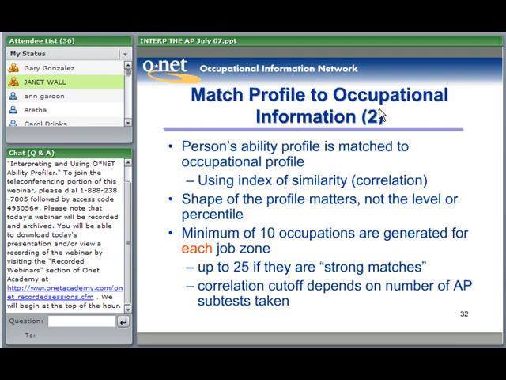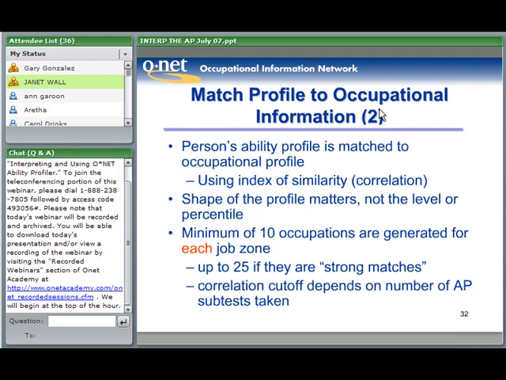And where there is a strong correlation between the person's profile and the occupational profile, that occupation is included in the person's list of potential occupations. So it's the shape of the profile that matters, not the level or the percentile. So as you can see, the person whose profile we've been looking at was given occupations that require fairly extensive education, training, and experience.